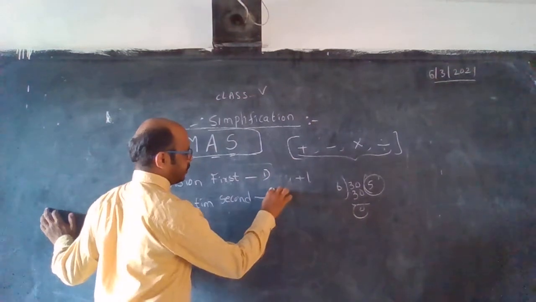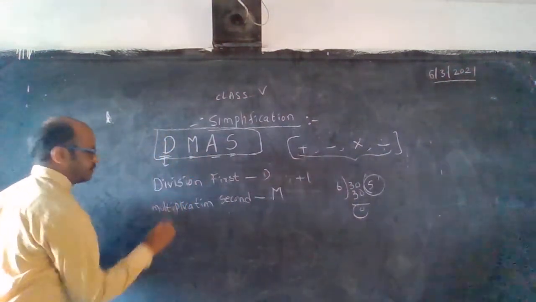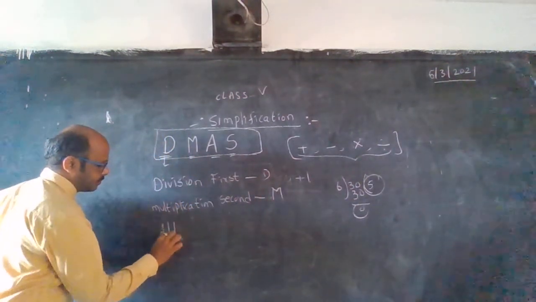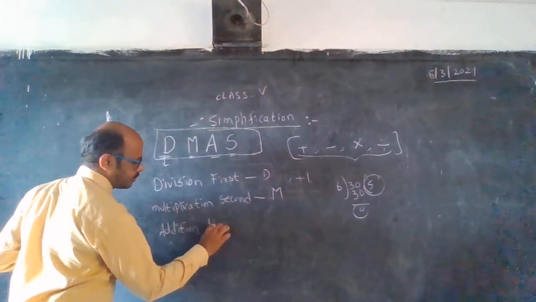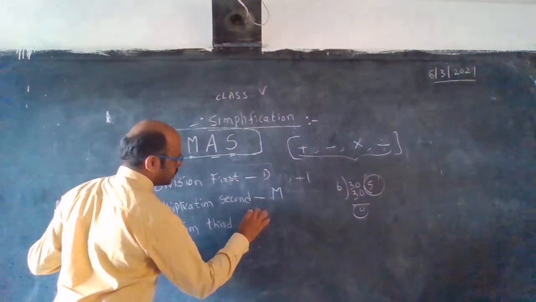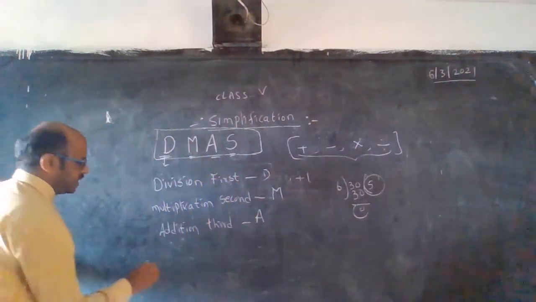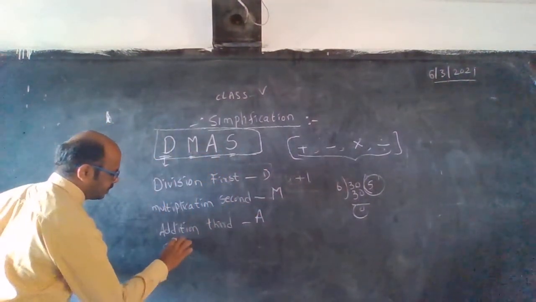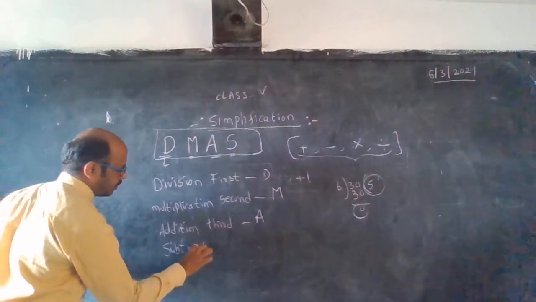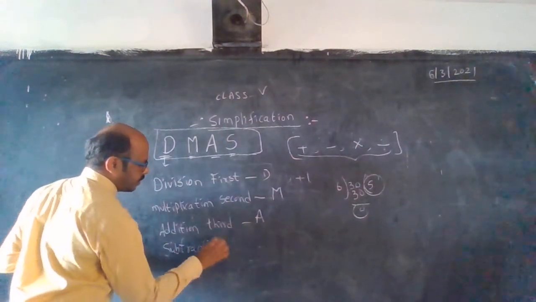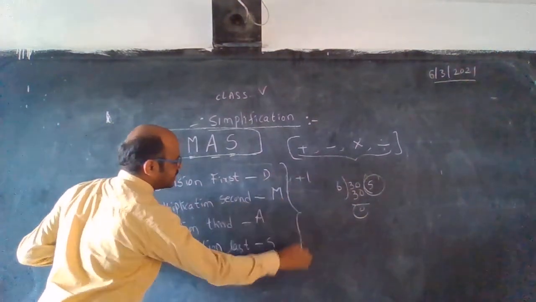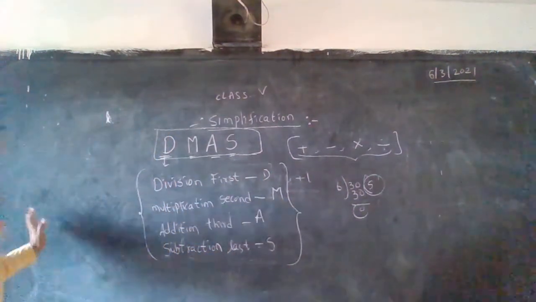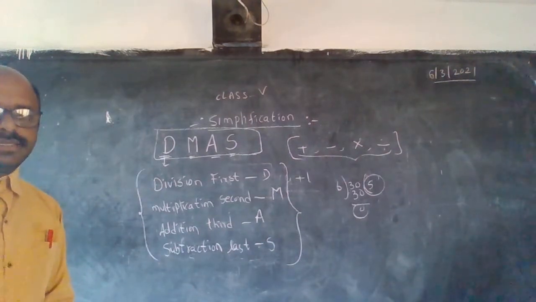Next, addition third. Addition is third. Next, the last one is subtraction. Last, what is that? The fourth one. This is the method of applying DMAS.